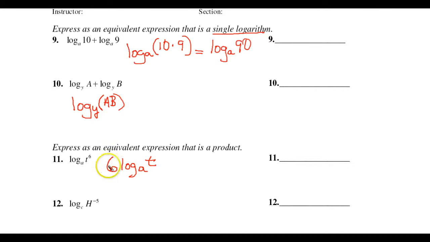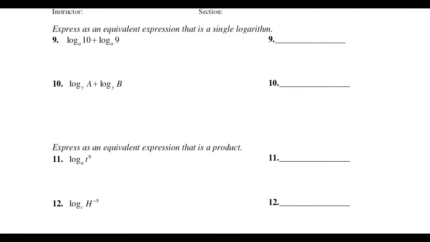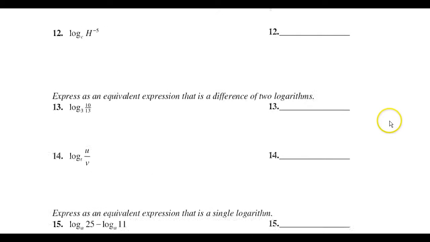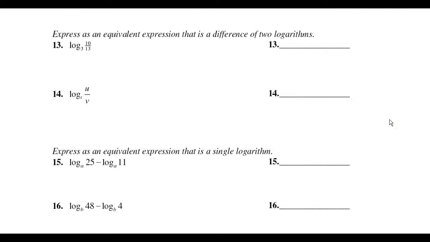So this is 6 times the log base a of t. And here our exponent is a -5. So -5 log base c of h. So I think these are a little easier than things we were doing before, as long as you know the rules.